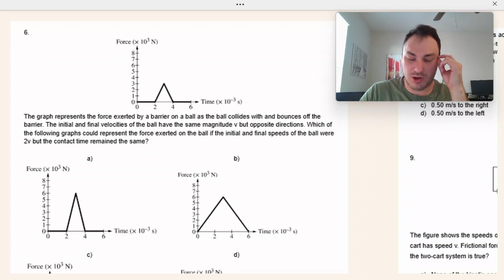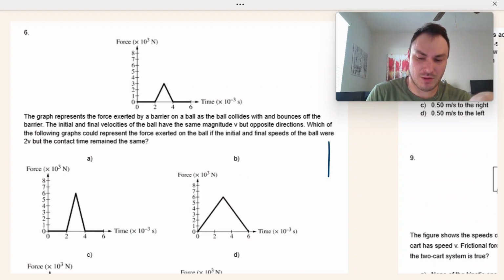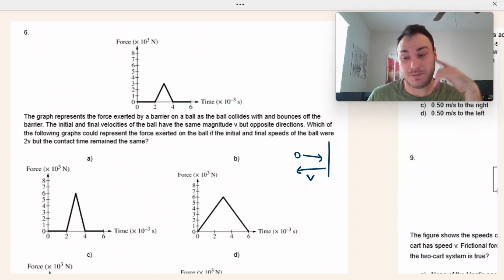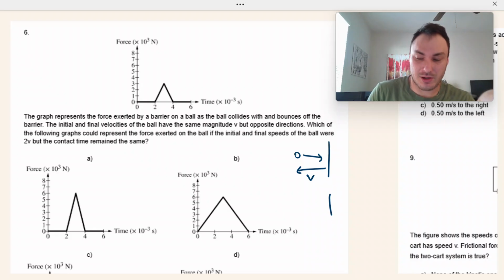Okay, so a little hard to picture what's happening here. We have just a ball colliding with something, and it comes back the other way with the speed of v. In the second scenario, we have a ball colliding with something, and it comes back with a speed of 2v.